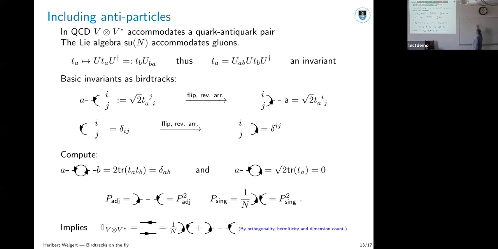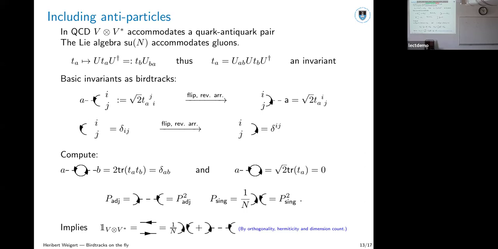So as a diagram, I'm drawing this. This is just a closed loop. So this is two Kronecker deltas contracted. So this gives you the trace of a unit matrix in n dimensions. So this is n. And that's the normalization factor that shows up to make this a projection, the 1 over n. So this is the game I'm playing.